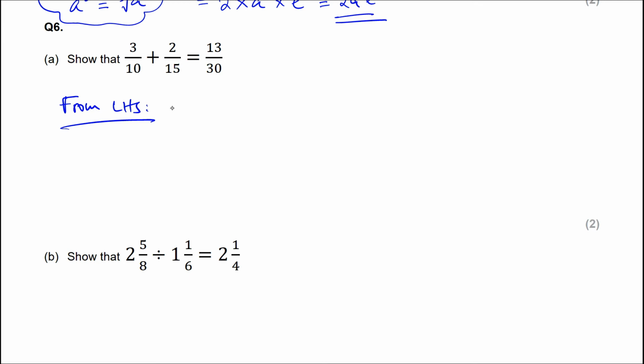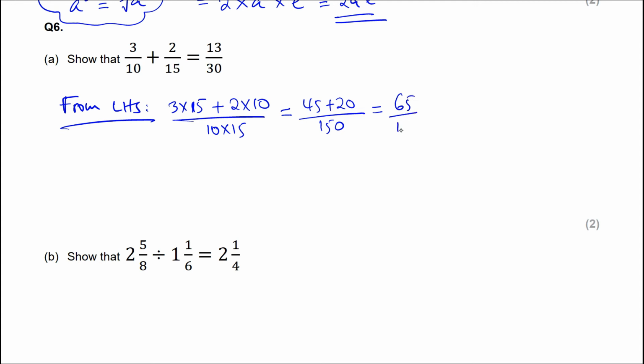So you multiply 3 times 15 plus 2 multiplied by 10. This is basically how you add fractions. 10 multiplied by 15. It's a simple approach. And this will be equal to 45 plus 20 over 150, which gives you 65 over 150.